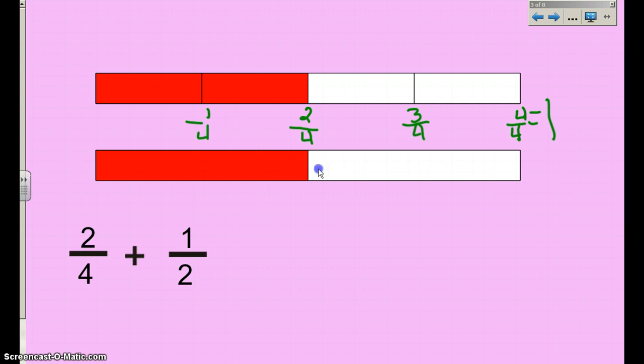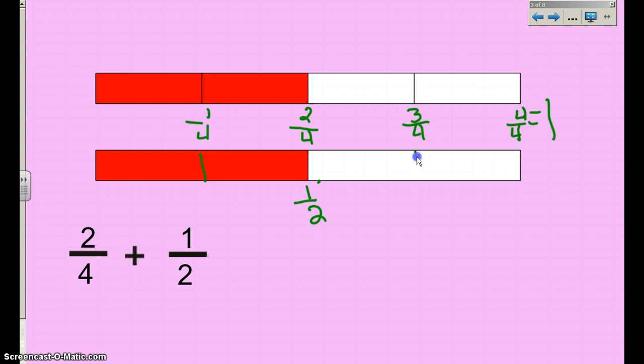Okay, and this has two equal parts, so it's 1/2. So what I have to do is make my denominators the same. I can look at my model and see that this is equal to 1/2. So 2/4 is the same as 1/2. So I can easily divide that into fourths.